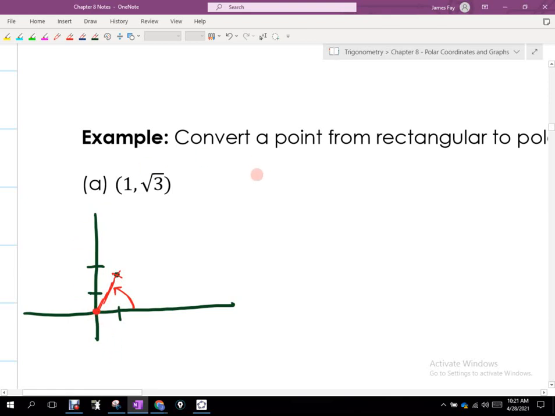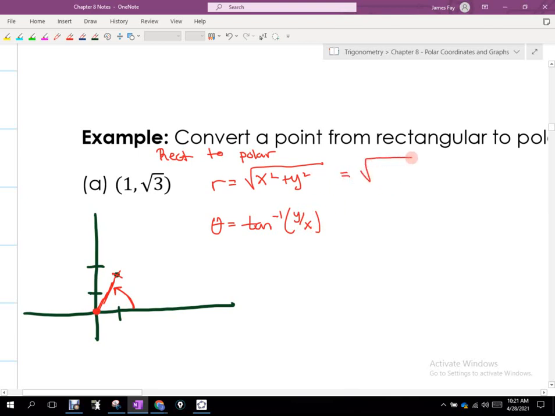Okay? So the way we do that is we're going from rectangular to polar. You're going to find r, and you're going to find theta. So r ends up being, if I square 1, I get 1. Square radical 3, I get 3.